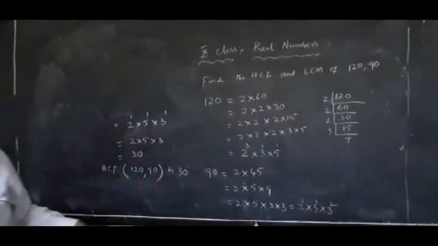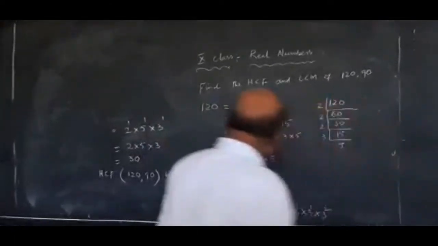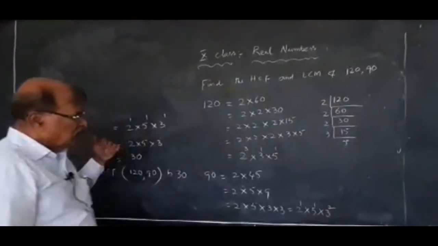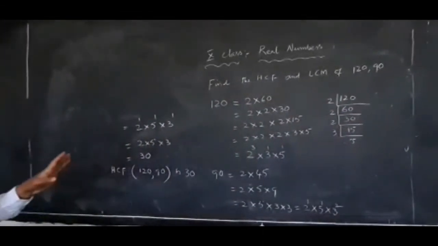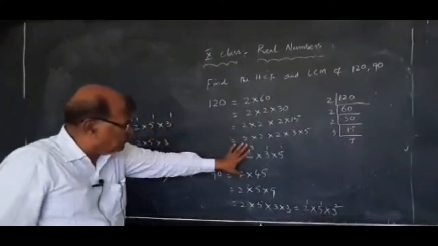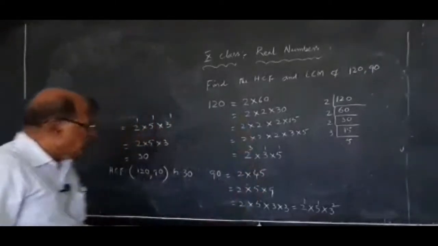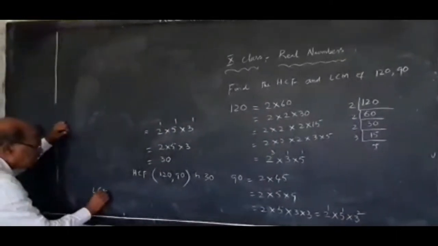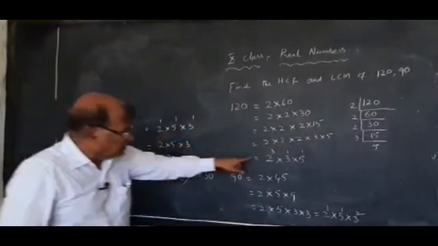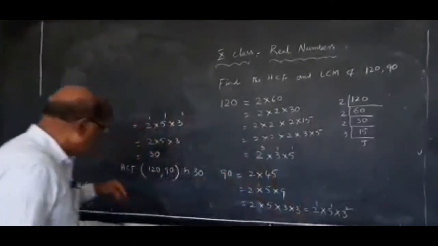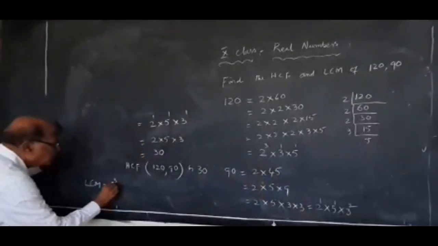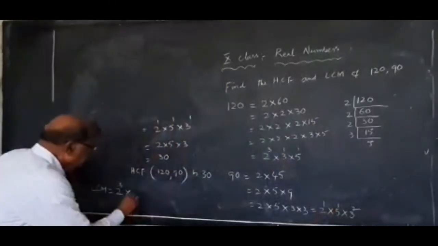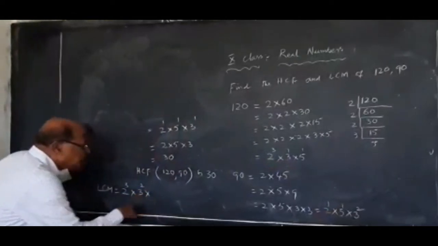So let us see the LCM. For LCM we will take the highest power. The factors are the same, but we take the highest powers. What is the highest power of 2? 2 cube, into, what is the highest power of 3, between 3 to the power 1 and 3 to the power 2? 3 to the power 2.